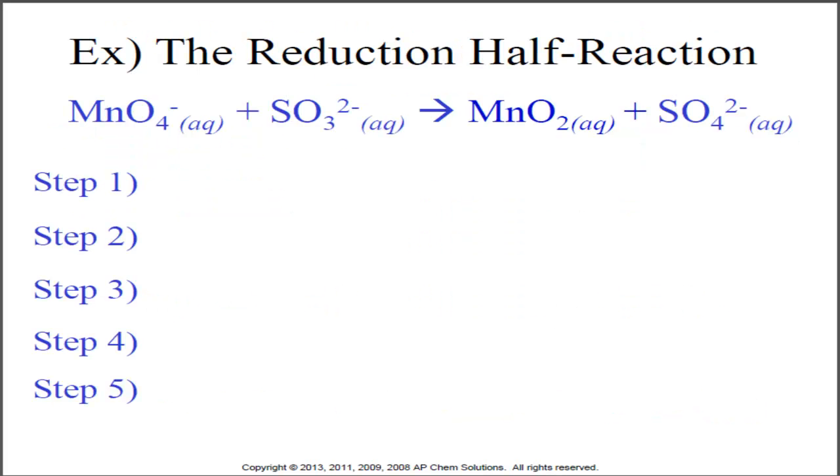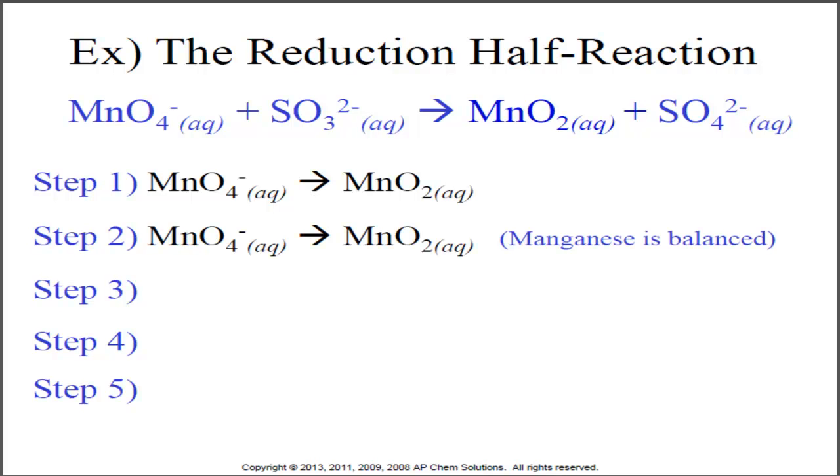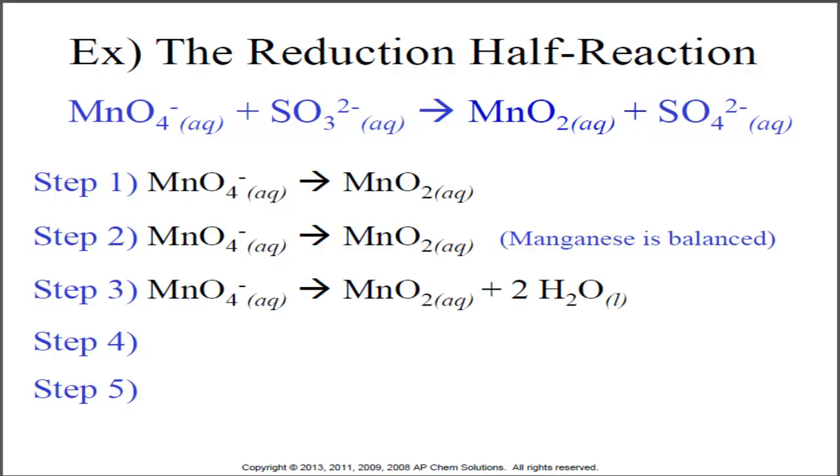So step number 1, we're going to start with our reduction half reaction. So that's going to be our permanganate going to MnO2. The second step is to balance all of the atoms except for O and H. Well, our manganese is already balanced here. Step number 3, we're going to balance for oxygen by adding waters. So we need to add 2 waters to our products so that our oxygen's balanced.